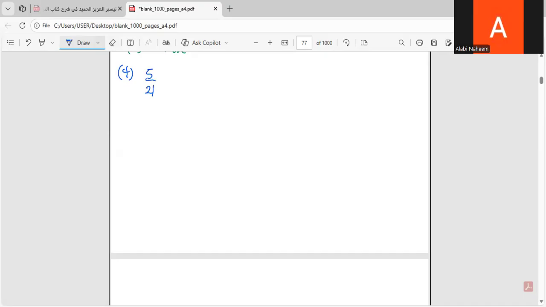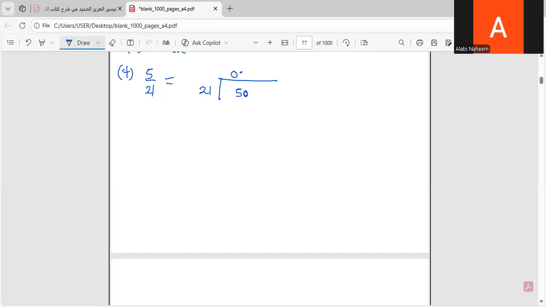Those numbers are not 2 and 5. For that reason, we can be sure that it will be a recurring decimal. So 5 is the dividend, 21 is the divisor. 5 is smaller, so you include 0 point, then you include 0. 21 in 50.